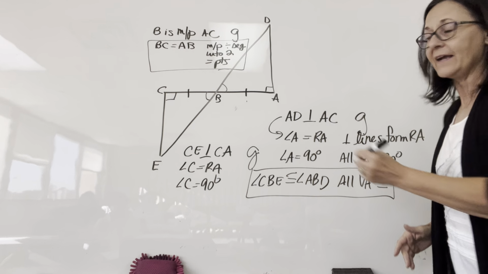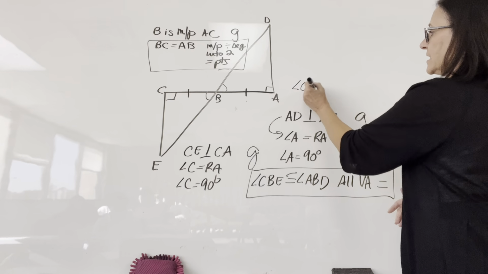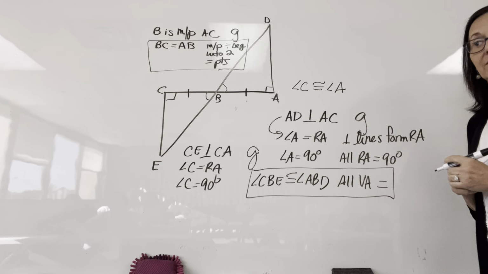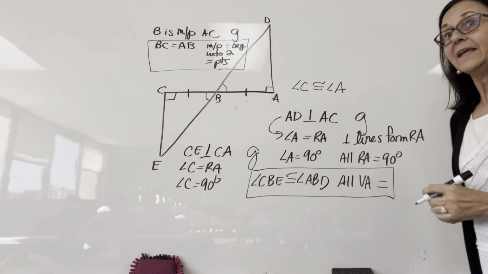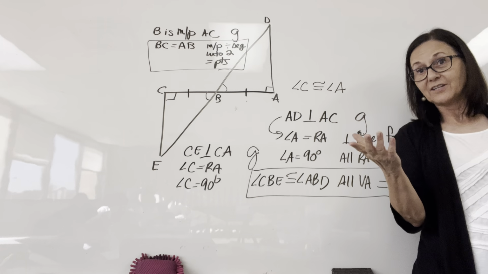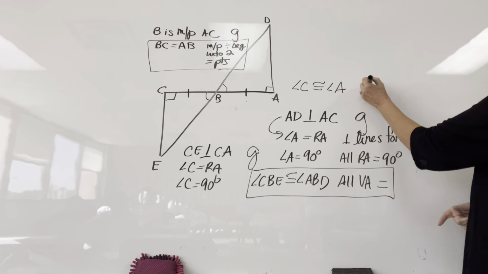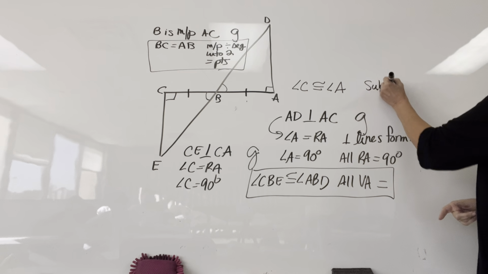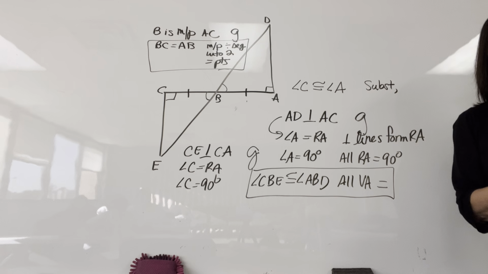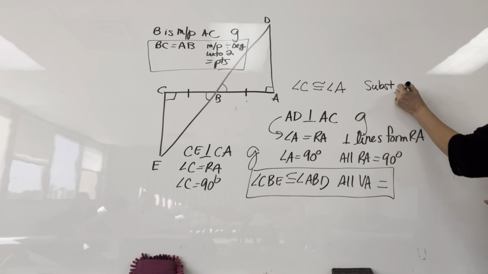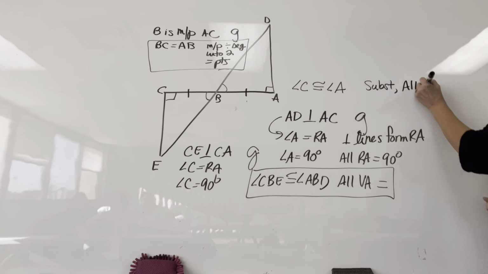So why can I say that angle C is congruent to angle A? Substitution. Okay, I could say I would actually take that. Is there another statement that I would take? They're both equal to 90. And all right angles are equal. So I would either take substitution or all right angles are equal.